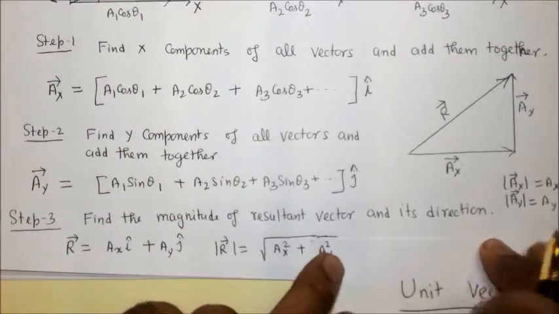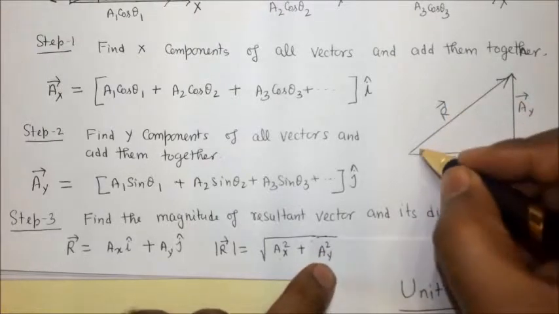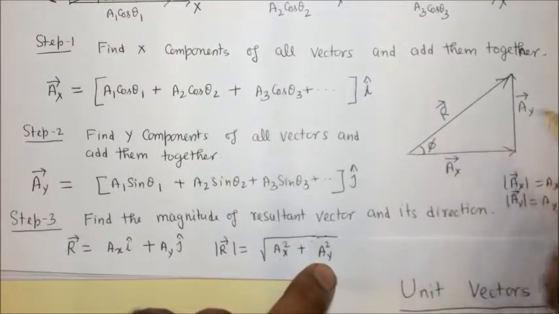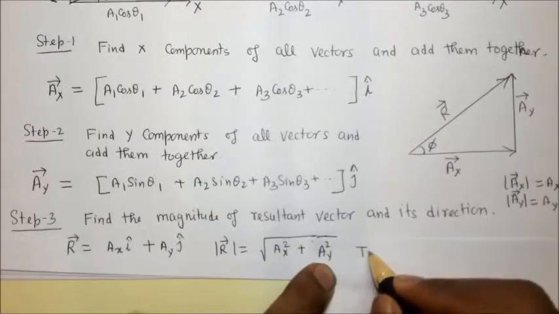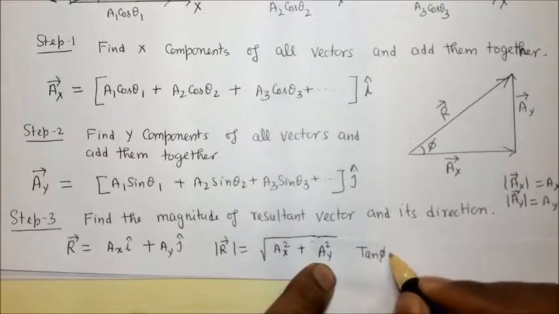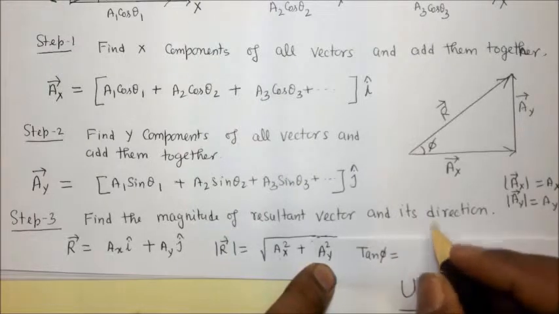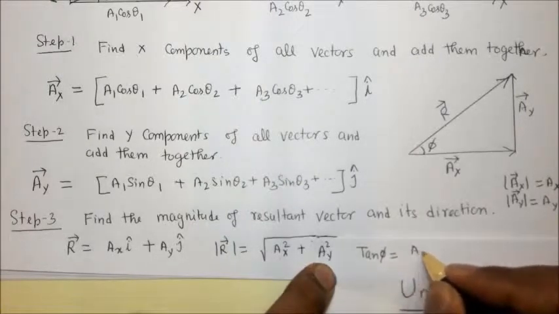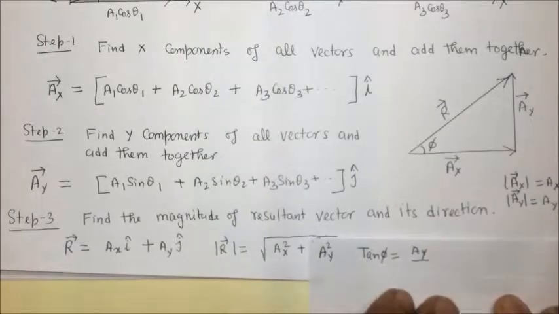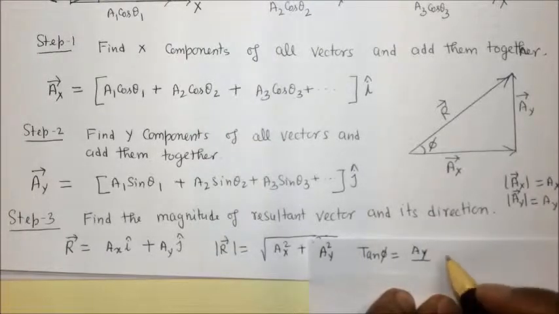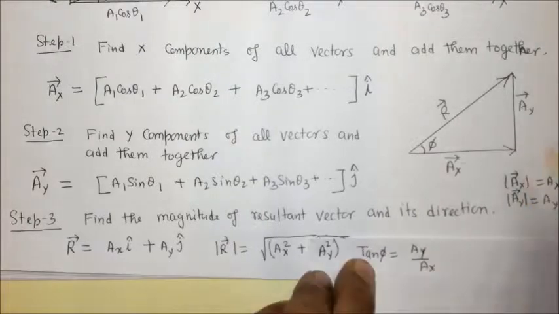How about its angle? Suppose this angle is phi. Can we find the angle? Tan of phi is going to be ay over ax.